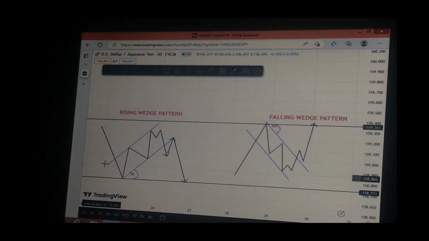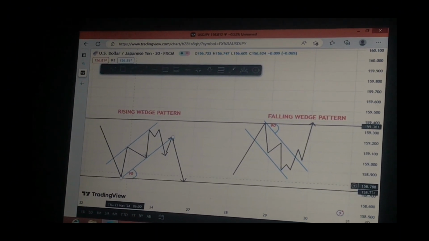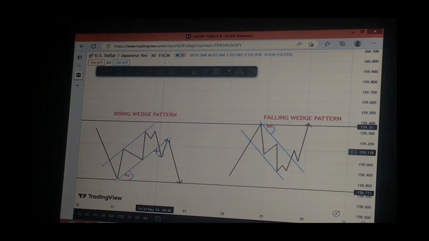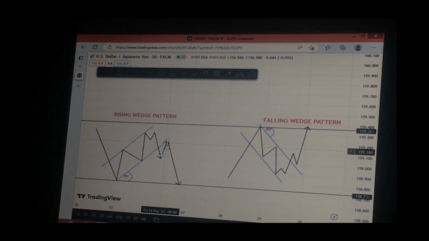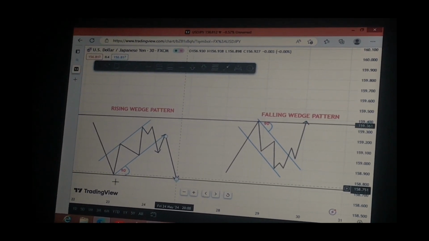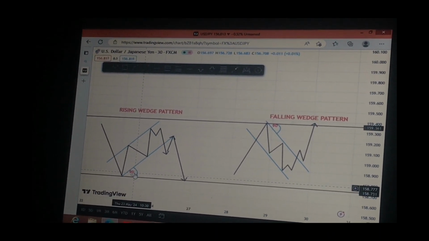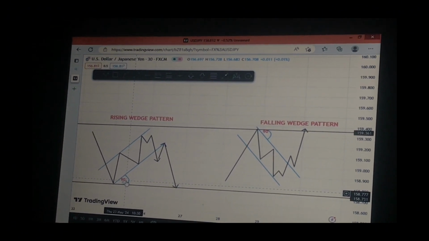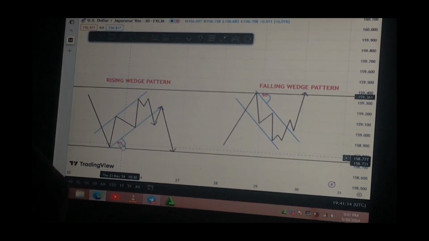So as soon as the market comes back and breaks your trend line, it's gonna come back for a retest and then it's gonna drop. Okay, there's something that we call a 90-degree. A 90-degree basically helps you indicate where the market is gonna go next.